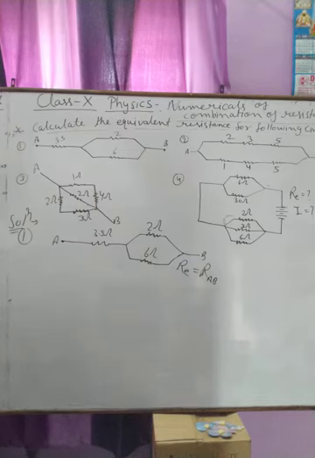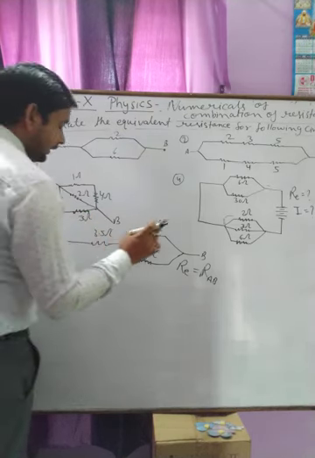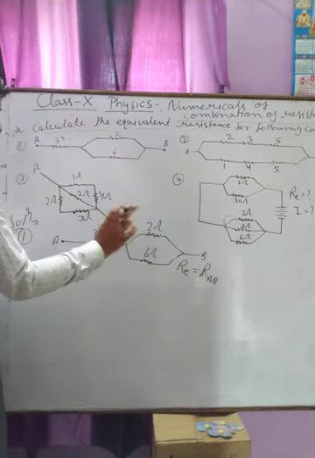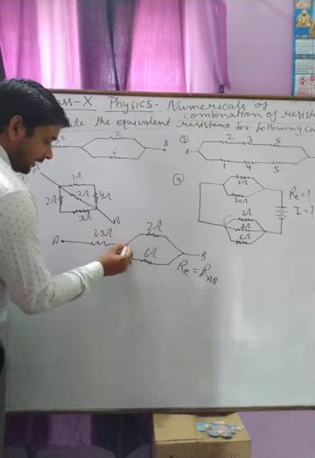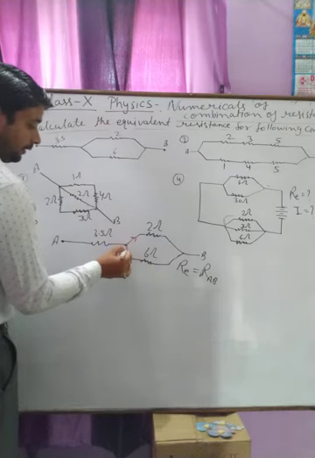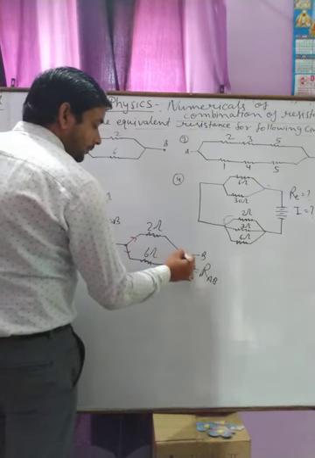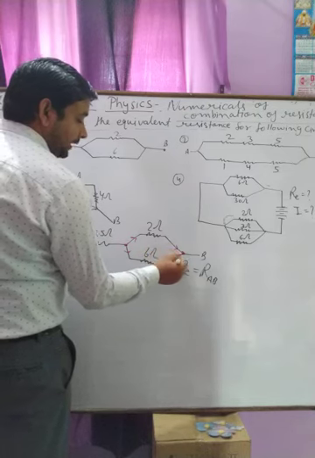So first, student, we calculate the complex condition and the dividing condition. Here the dividing condition is this box. When current reaches this point, it will be divided into two sections, and at point B it will combine.